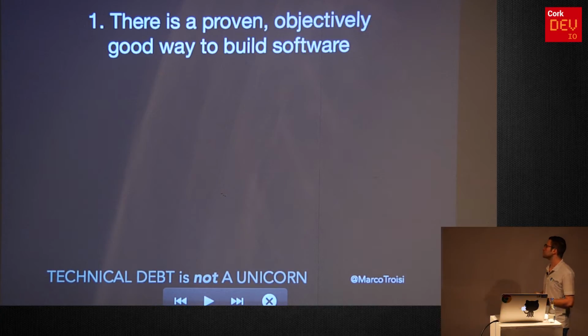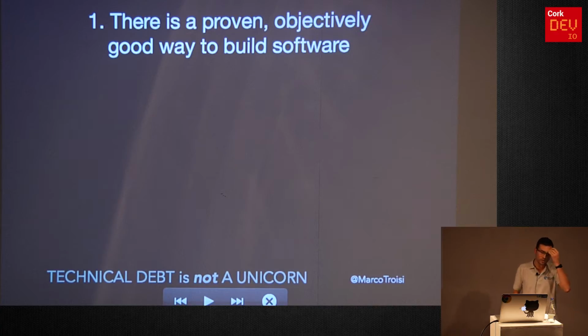The point I'm trying to make today is that there is a good way to build software, and that way is objective. In other words, it doesn't matter what I think or feel about it. If you want to build good software, you have to build it a certain way.